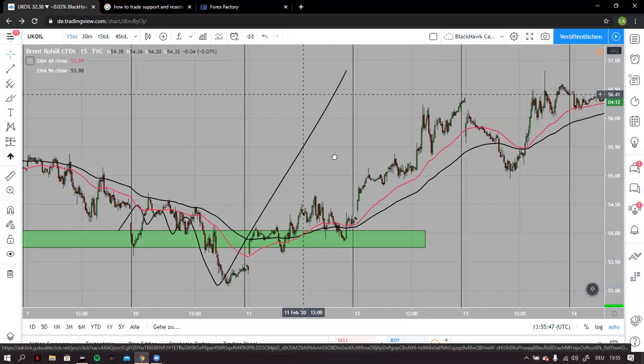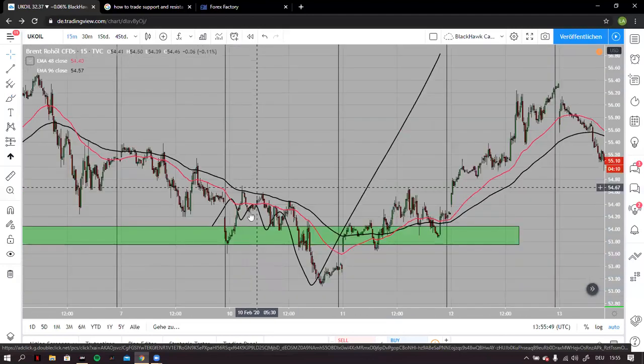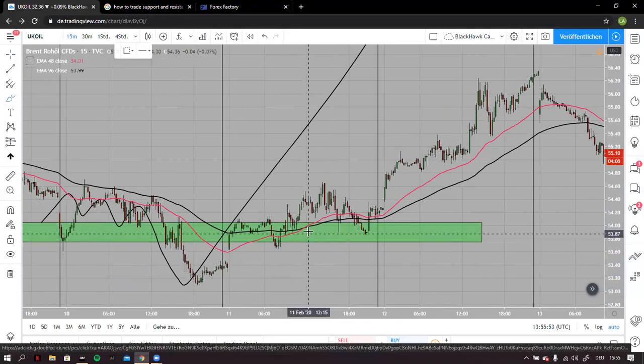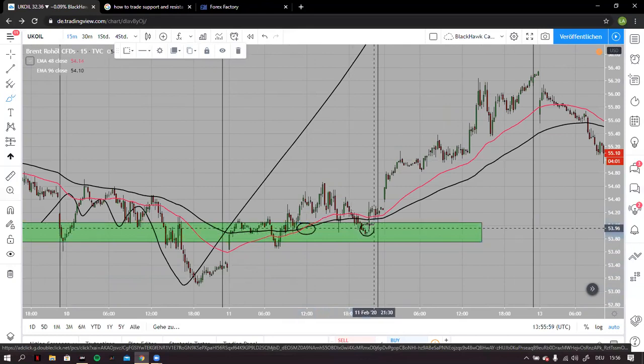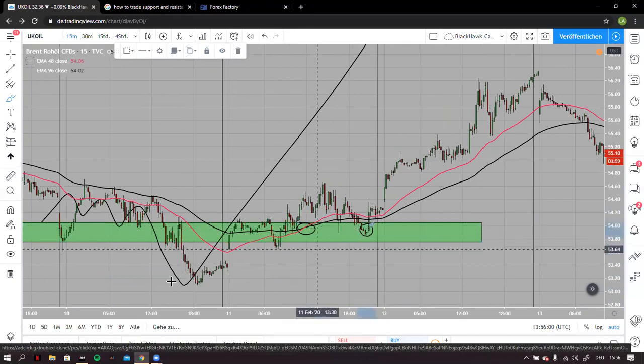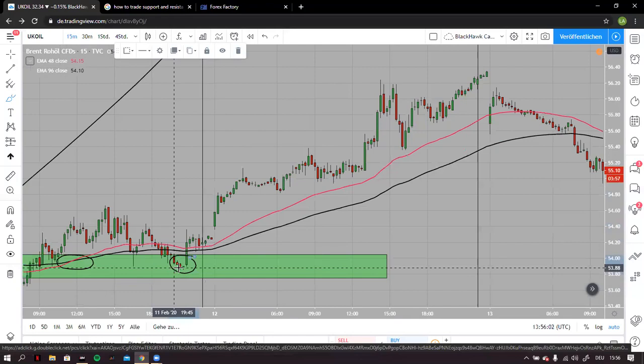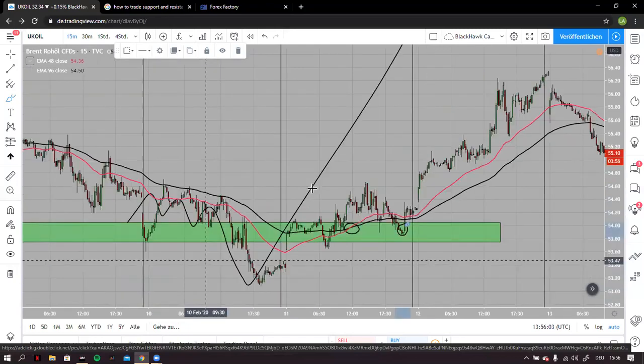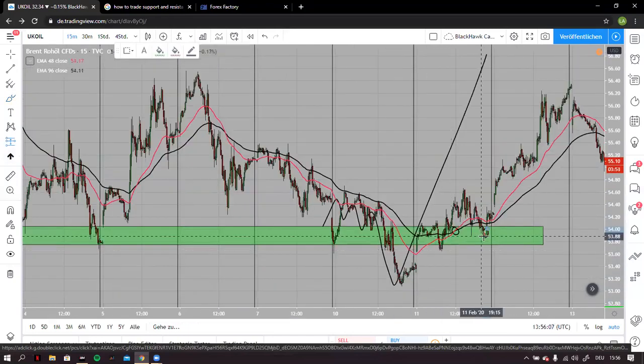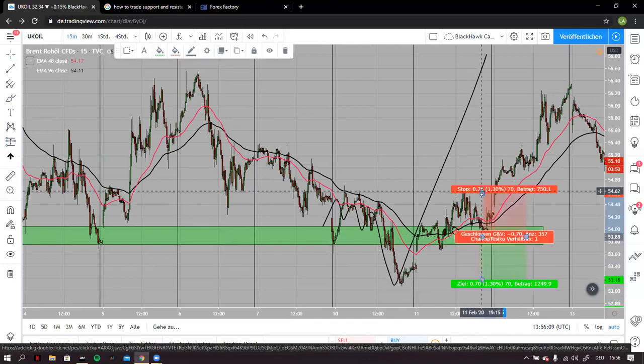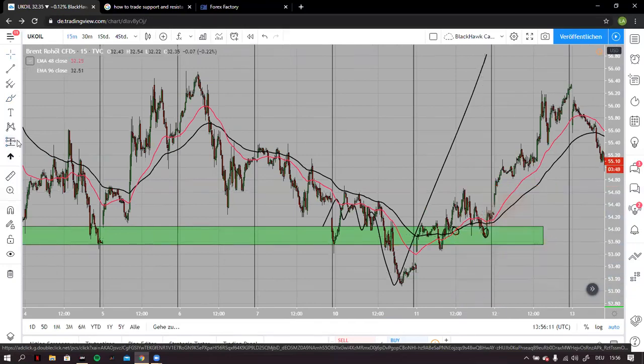So if you didn't get this, another time you get a DMA crossover, you get a retest, and we buy the sell candle one more time again. Safest entry. I have to change this to a long position.